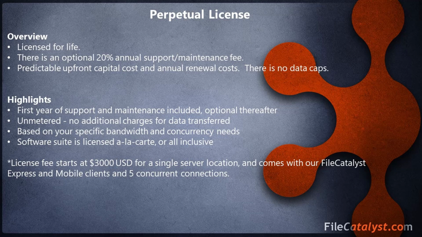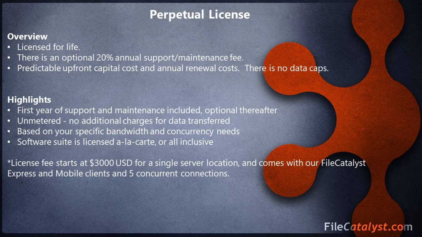This is good because you know exactly how much money it's going to cost you. There's no data caps, no metering. You know exactly what the solution is going to cost and what it's going to do and the speeds. The support and maintenance for perpetual licensing is included for year one, and then optional. It's unmetered, as I mentioned, so there's no additional cost for moving data.